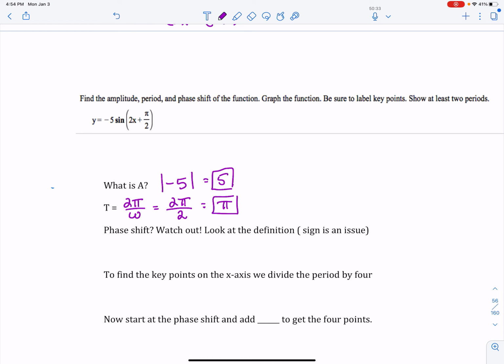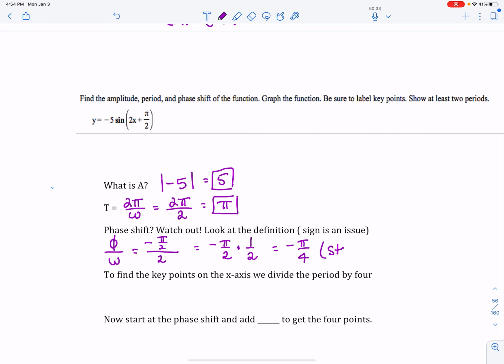The phase shift. The phase shift is found by taking phi over omega. Because we have a plus inside of the parentheses, I know that my phi is negative. So -pi over 2 over omega, which is 2. So I get pi over 2, which is negative, times 1/2. So this equals -pi over 4.